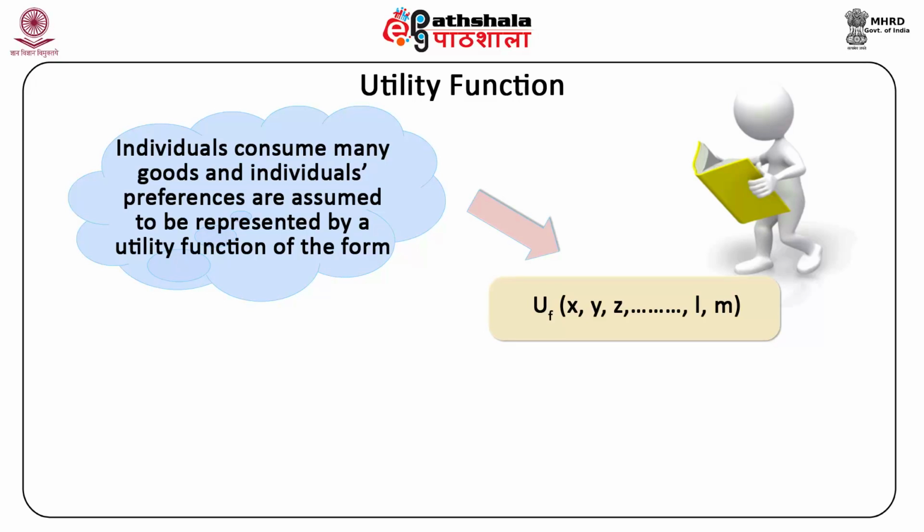For simplification, we stick to two commodities, capital X and capital Y, or X and Y.